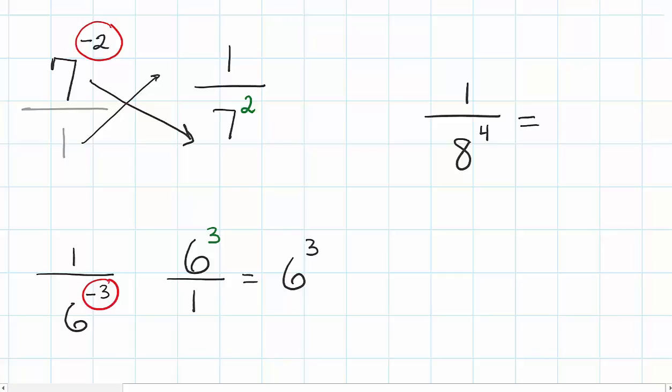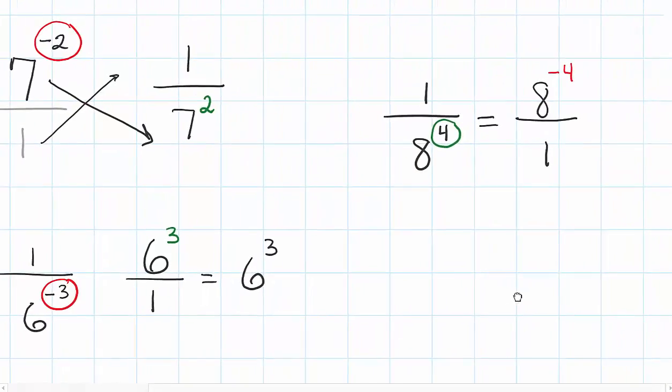Well, the denominator becomes the numerator, but we've got a catch. Once again, we started out with a positive exponent this time, and so now it's going to be a negative exponent. And we know that anything over 1 is going to be the numerator, so this is going to be 8 to the negative 4th power.